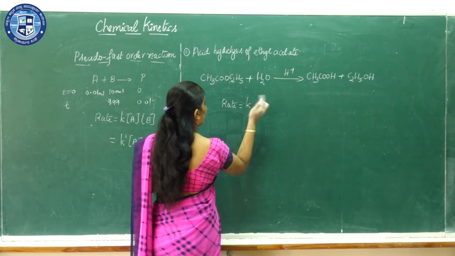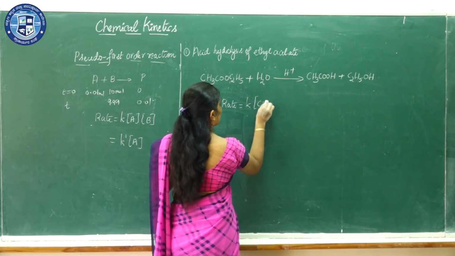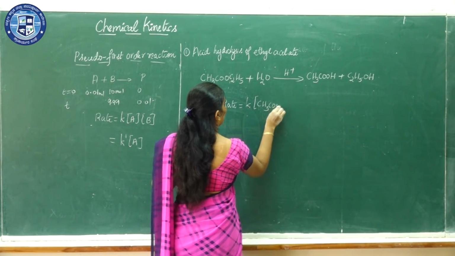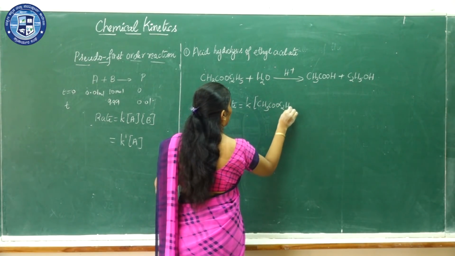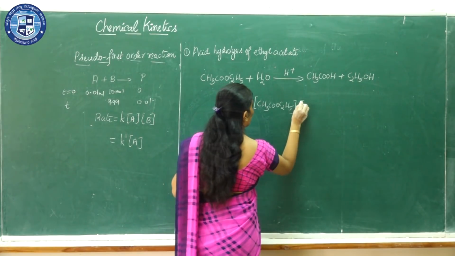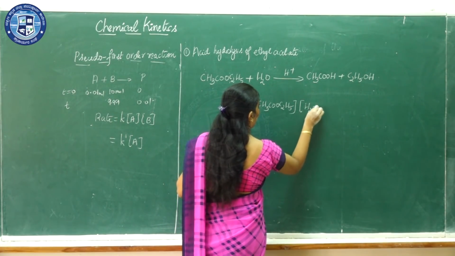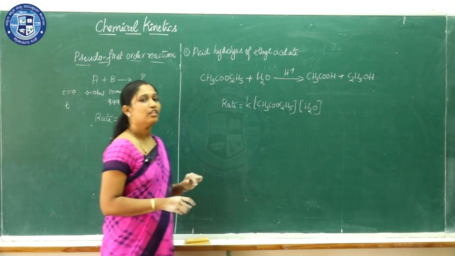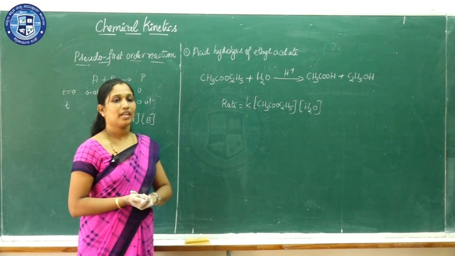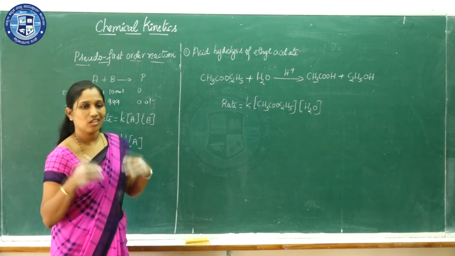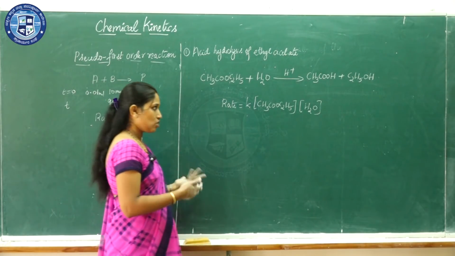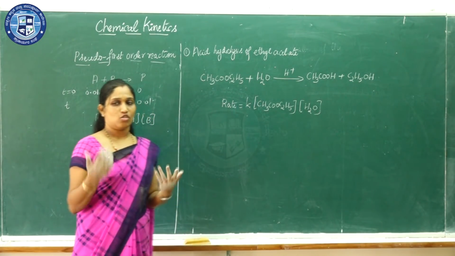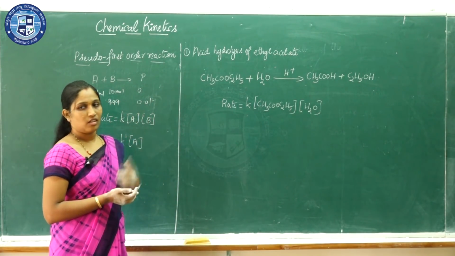If you are asked to write the rate of this reaction, rate can be written as K into concentration of ethyl acetate and of water, the two reactants here. But in this case, water is present in a large excess, so any change in the concentration of water is not altering the rate.